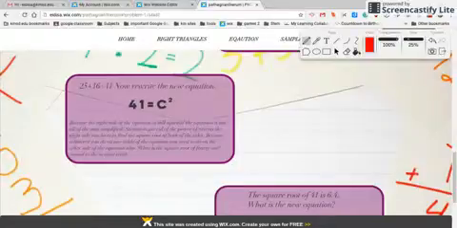So now we can get rid of the square by finding the square root. You can't just do something to one side of the equation that isn't written down and then not do it to the other side. So what is the square root of 41?